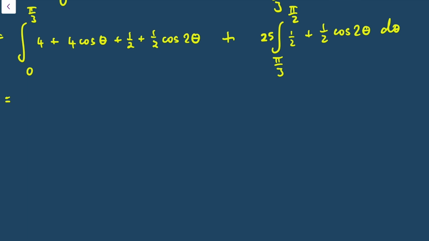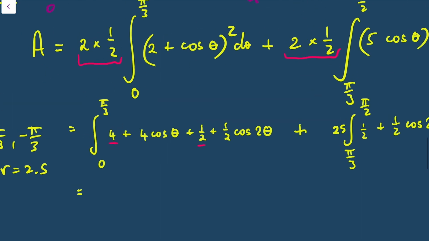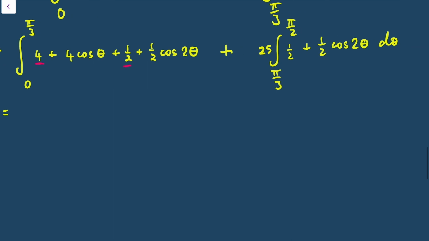So I will have, well, 4 plus 1/2 is 4.5, so 9/2, which I'm going to integrate, and that gives me 9/2 theta. 4 cos theta becomes plus 4 sine theta, and 1/2 cos 2 theta becomes 1/2 sine 2 theta divided by 2, so times by 1/2.